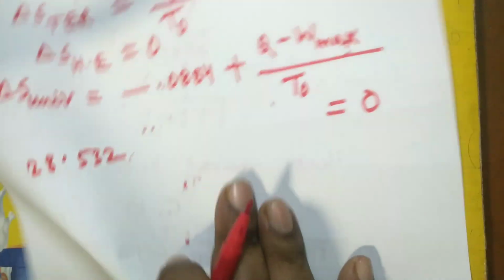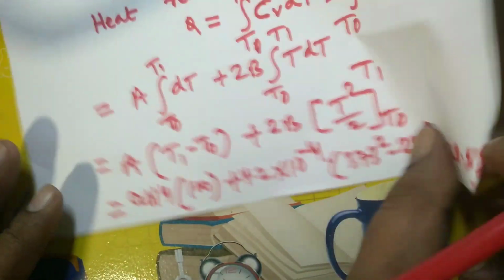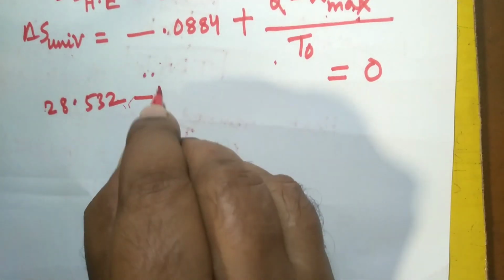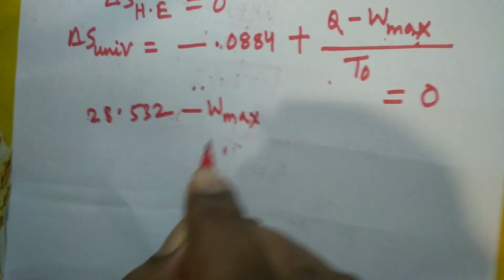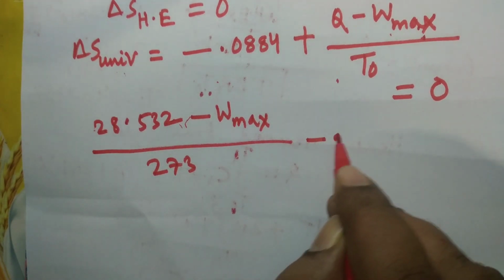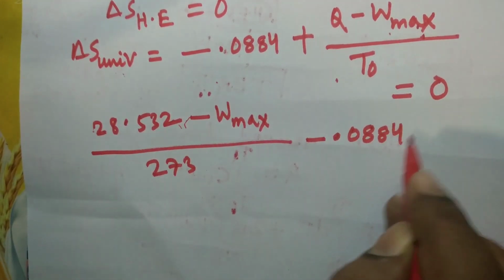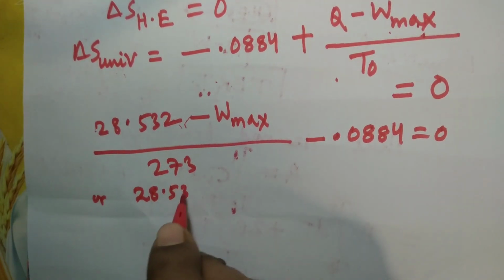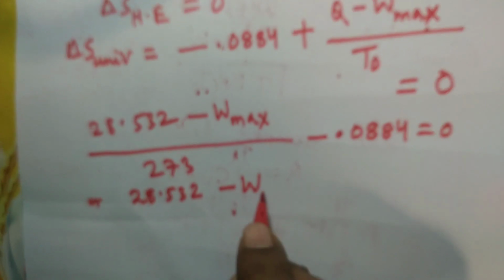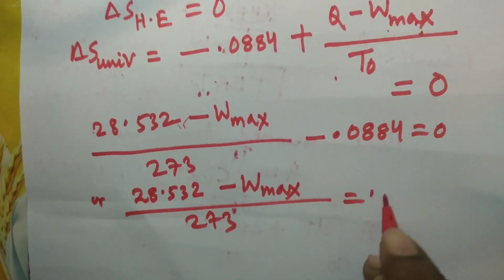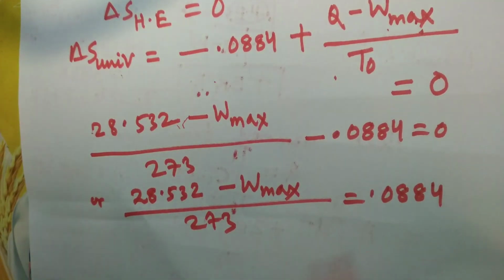Q you have already calculated. Q is 28.532. So (Q minus W max) divided by T0, that is 273, minus 0.0884 is equal to 0, or 28.532 minus W max by 273 equals 0.0884.